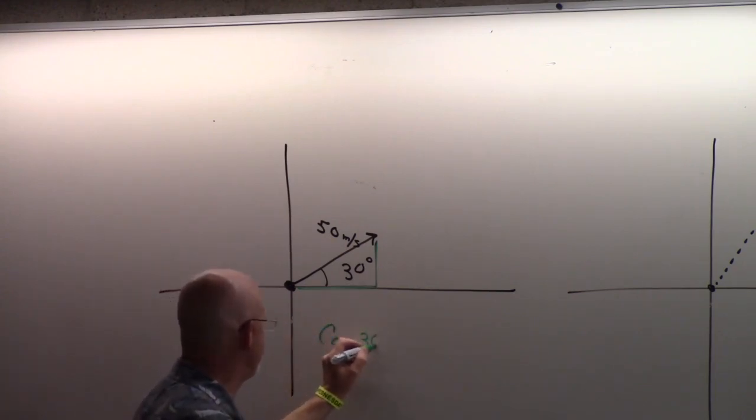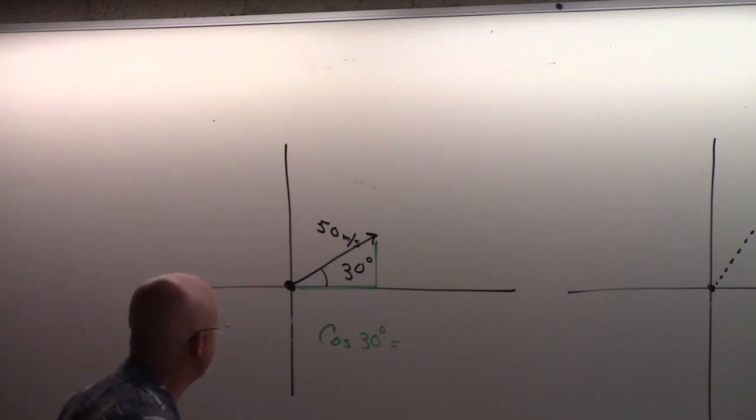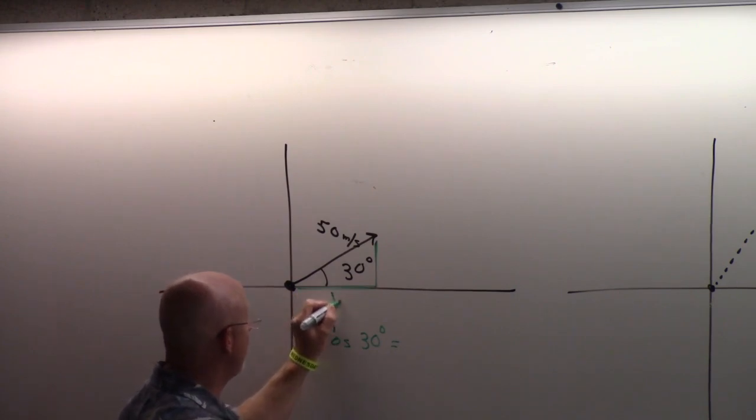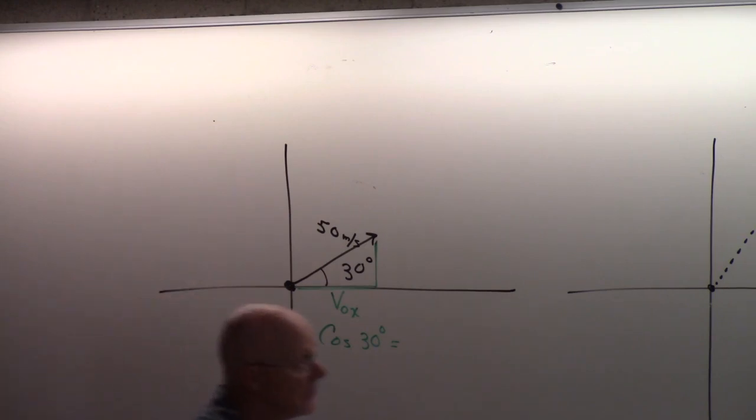Cosine of 30 would be what? Well, it'd be adjacent, and that's what I'd like to do. I'm going to call this the initial velocity in the x direction. V0x. That's this new symbol. How much initial velocity does it have in the x direction? I'll say it again, it's not 50.